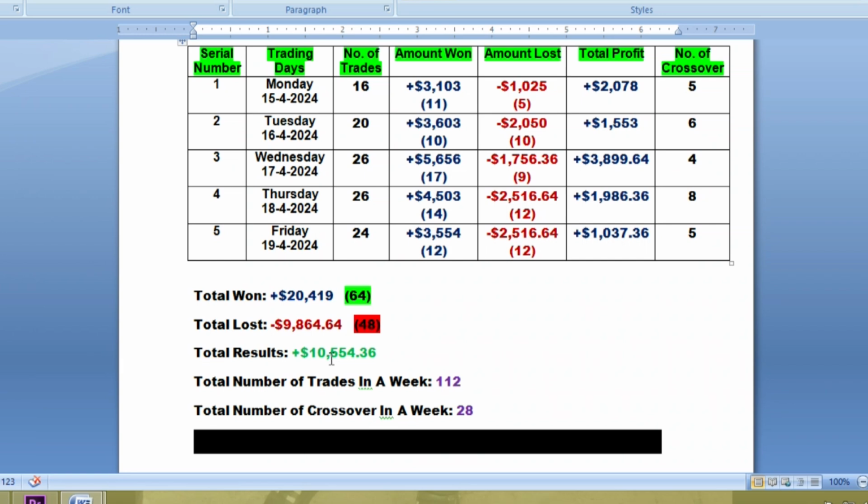So the total result, that is my total profit, was $10,554 for that week. The total number of trades that I took in that week was 112 trades, while the total number of crossovers that occurred in that week was just 28. So I made a total profit of $10,554 in a single week with my trading strategy, which is the moving average.